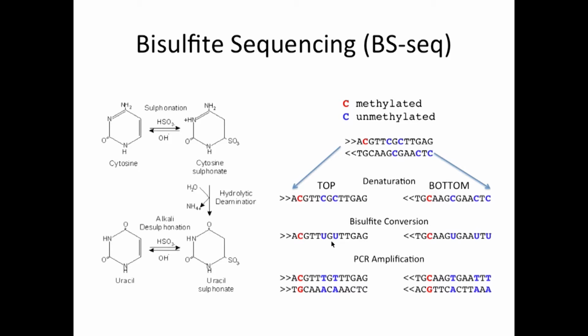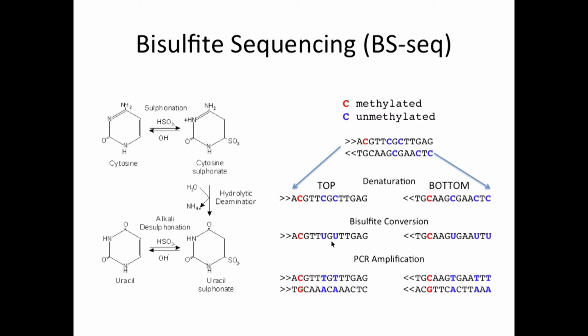So in order to investigate genome-wide DNA methylation, we require several things. We need a method that will allow us to look at single base resolution, or at least single CpG site resolution. We also need a method that will be agnostic to sequence context, so we don't want something that's only going to look at CpG islands.